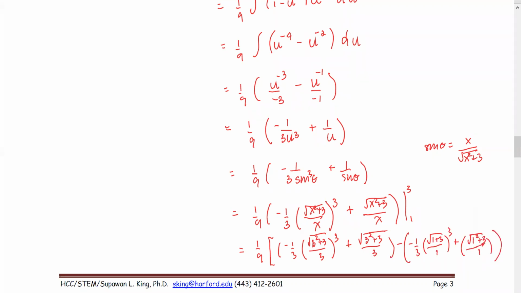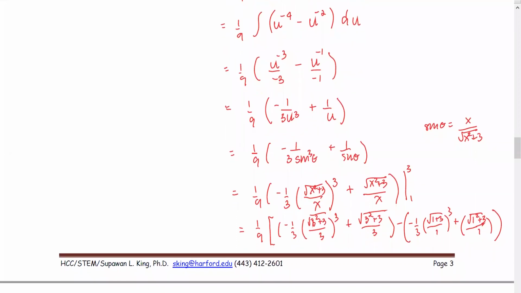And then simplify each number. And at the end, we should get the answer as 10 square root 3 plus 18 all divided by 243.